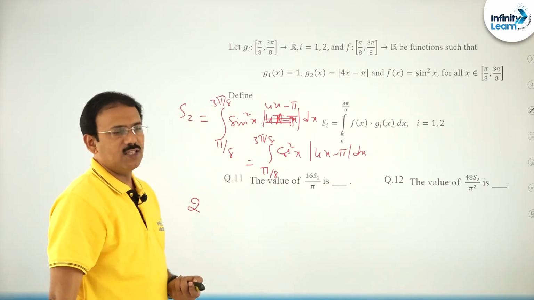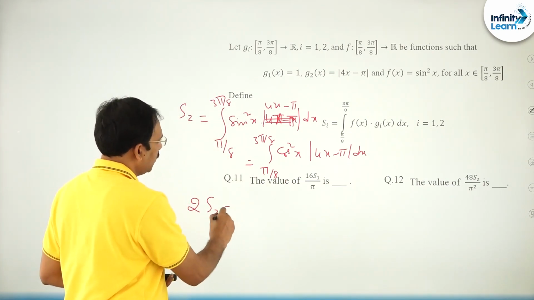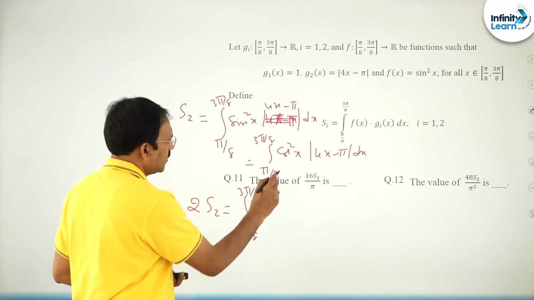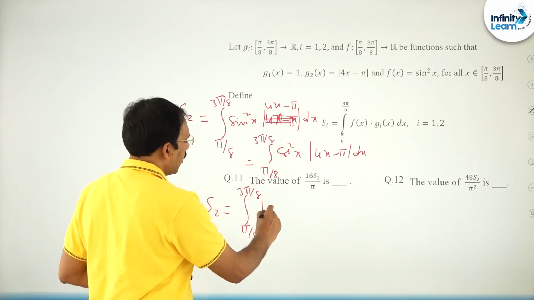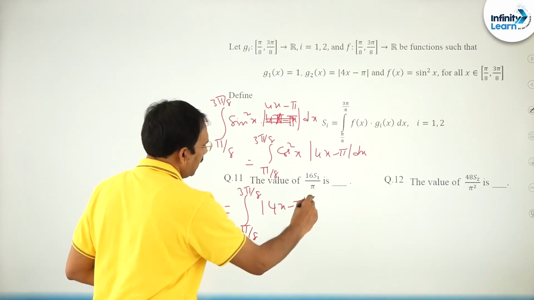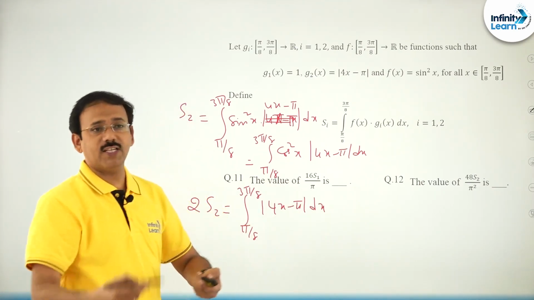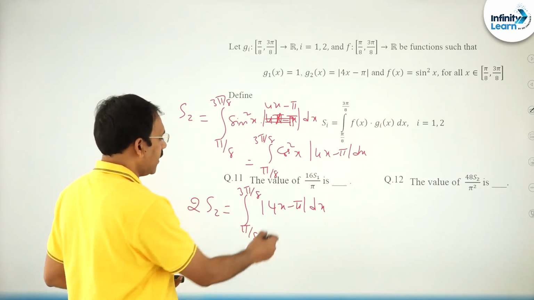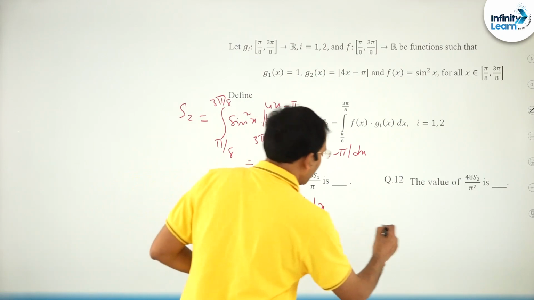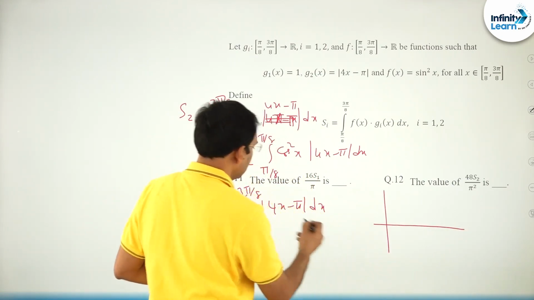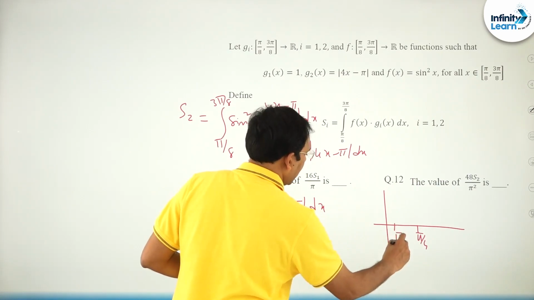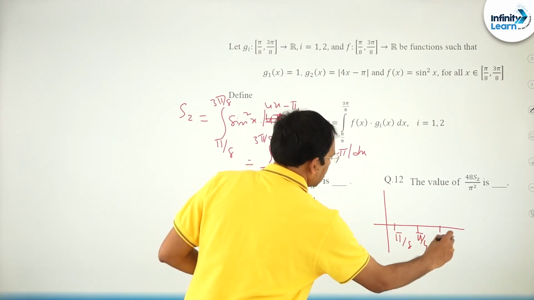You just add these two, you will get 2S2 is equal to the integral from pi by 8 to 3 pi by 8 of mod 4x minus pi dx, because cos square x plus sin square x is 1. Now my dear students, this is a simple one: 4x minus pi becomes 0 at pi by 4, with pi by 8 and 3 pi by 8 on either side.